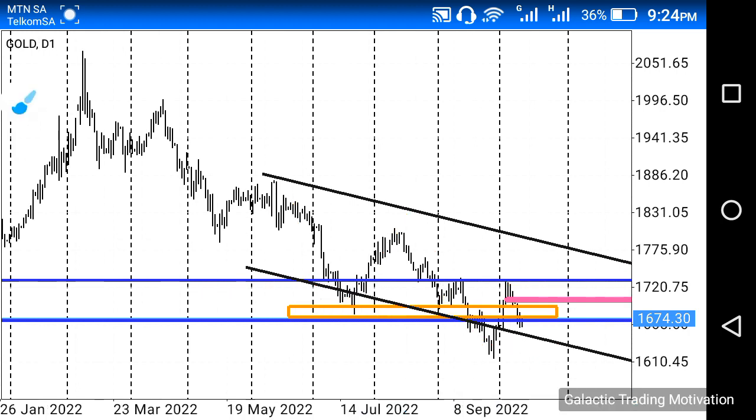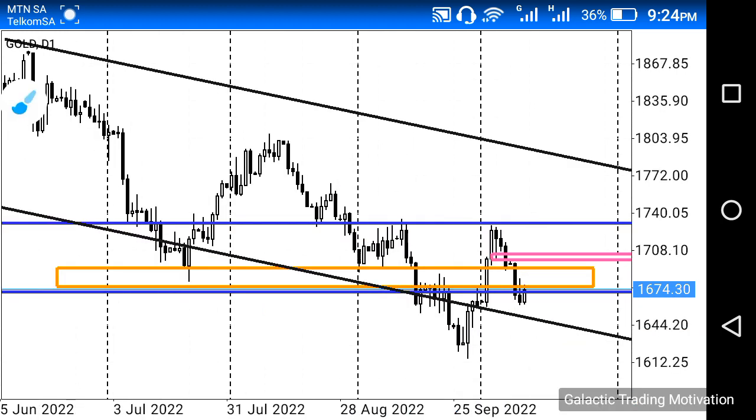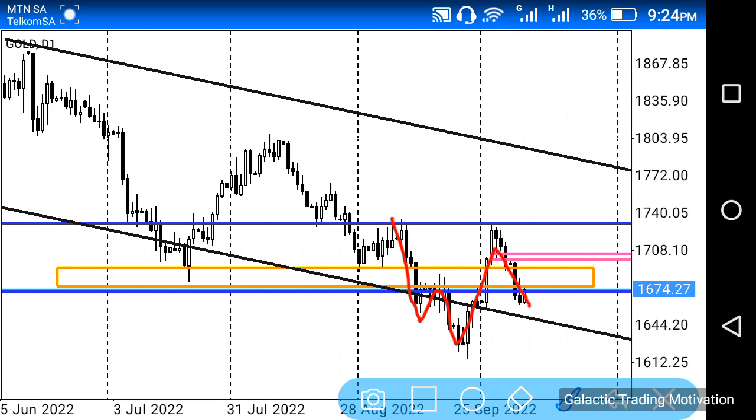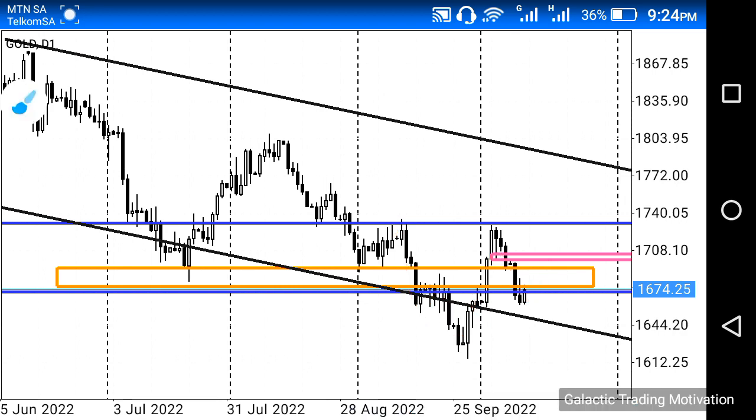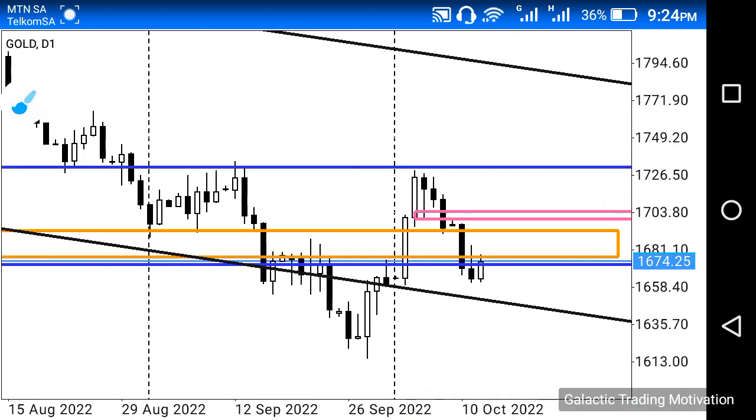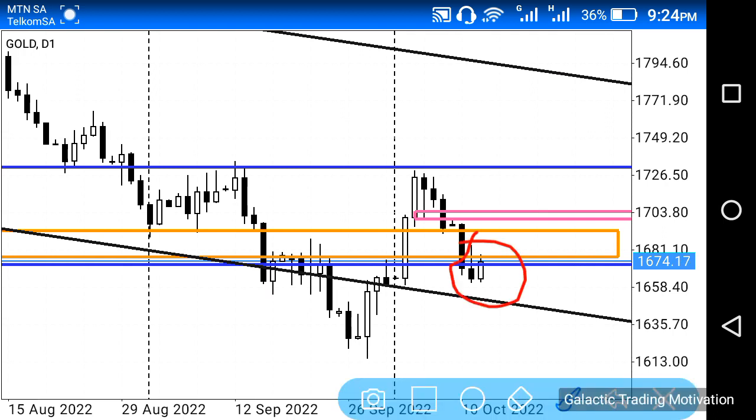That's what we said on the bigger time frames. However, just bear in mind that on the daily chart we have this huge inverted head and shoulders pattern. But as I said, in order for this pattern to be valid, I believe that we need at least one candlestick on this side to be a bullish candlestick, right?